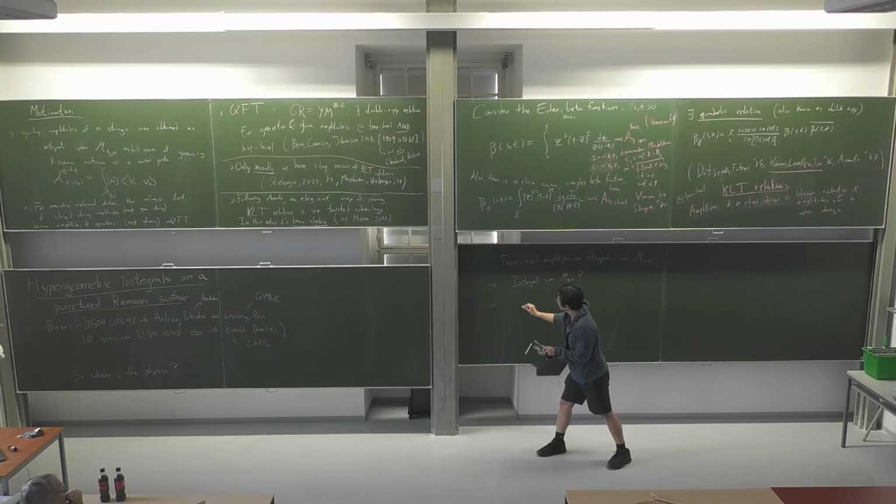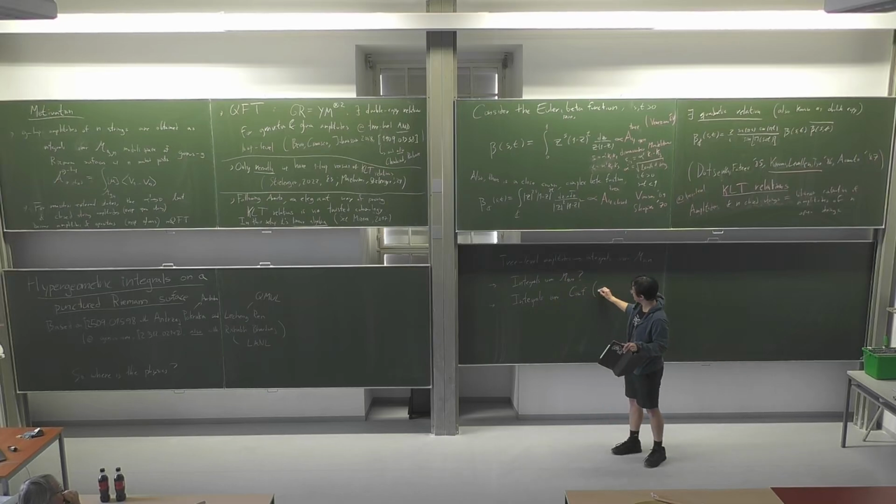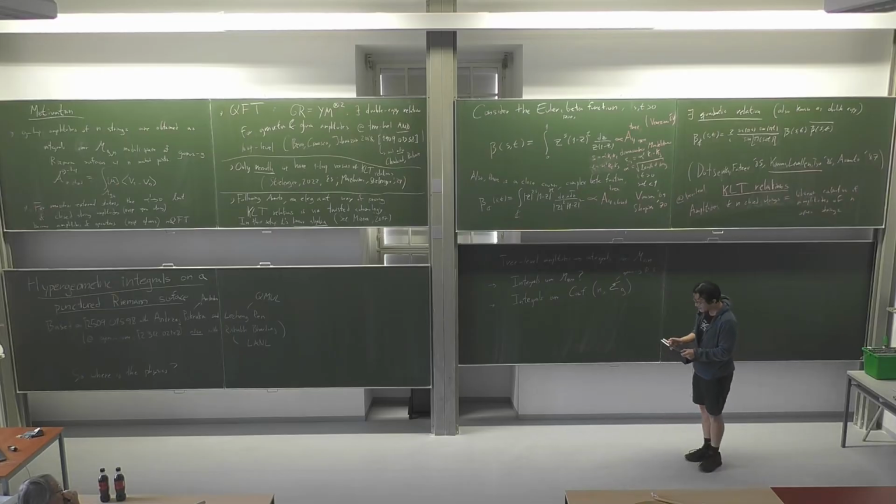So I actually have more expectations in the near future to understand integrals over configuration spaces of endpoints on a compact Riemann surface of genus g. I have a bit more hope in that, even though that seems a bit out of reach right now.